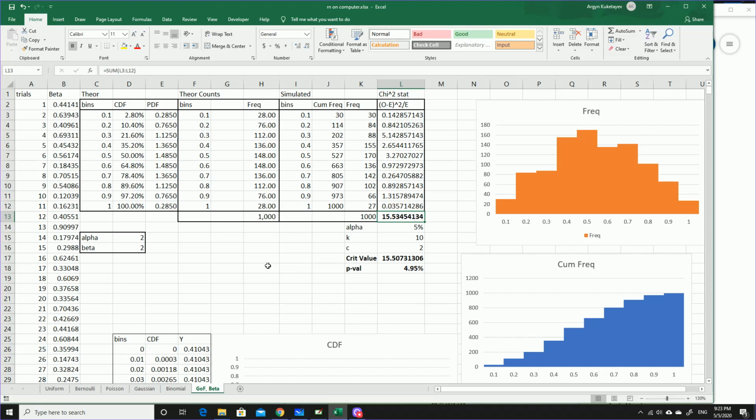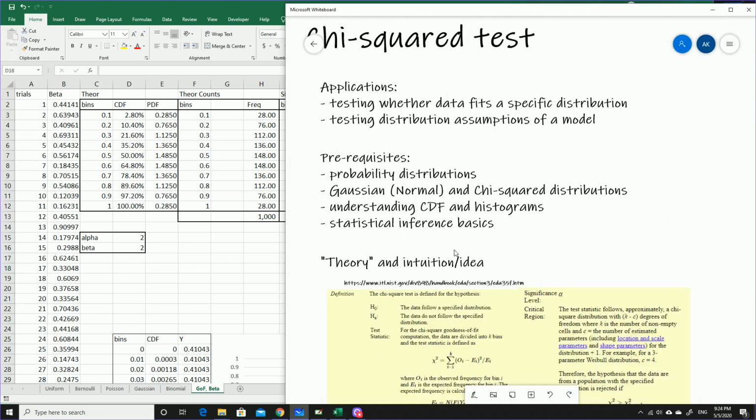You can't do that. In this case, I knew that my distribution is with these parameters. I didn't estimate parameters. I knew them in advance, and then I compared my distribution against these. If I were estimating these parameters from my random numbers themselves, then this kind of goodness-of-fit test cannot be used as is. You have to make some adjustment. And that was it.